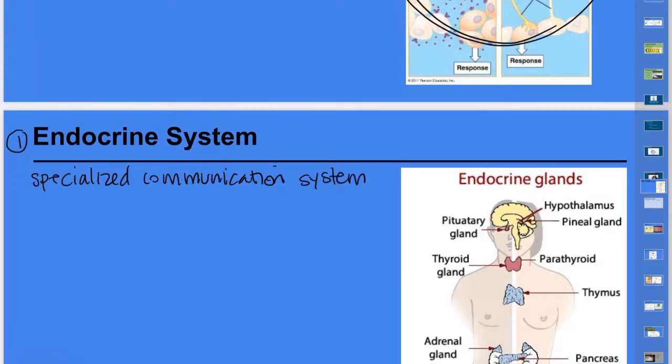I'm talking about the specialized communication system. And I want to stress that it talks both to itself and it talks to other cells and tells them to do things. The language of the endocrine system is hormones.